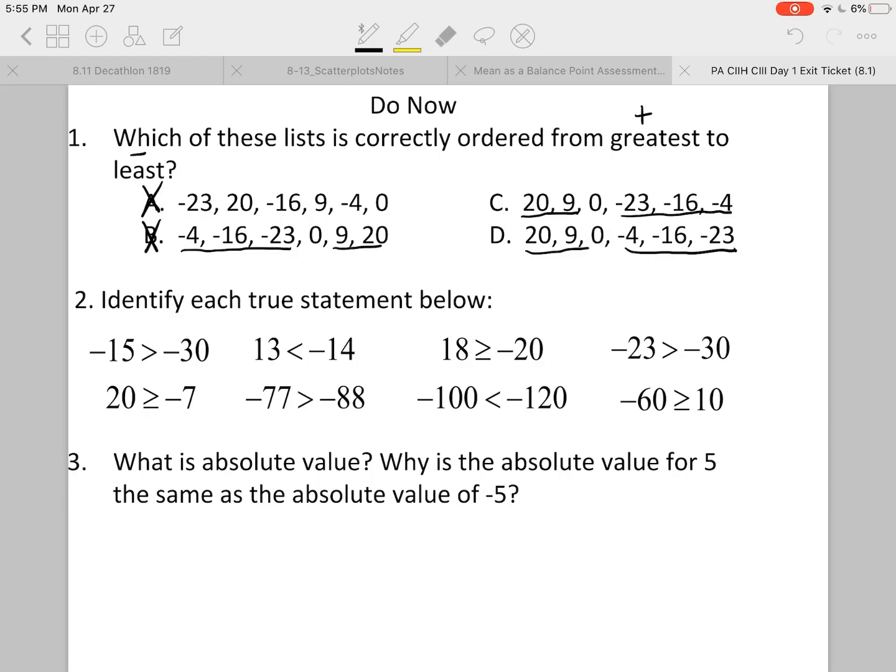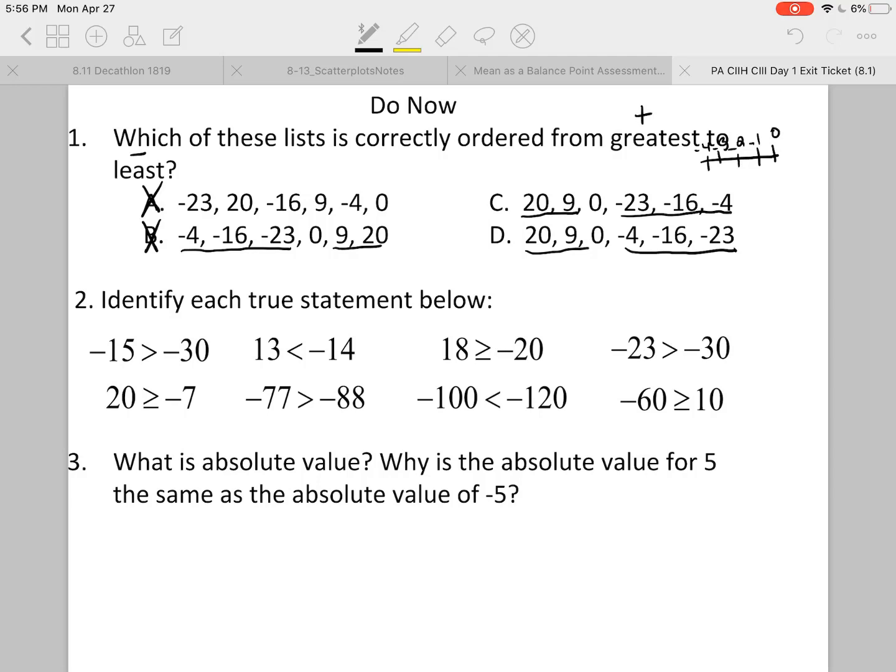So first we need to make sure that our positive numbers are going from greatest to least. 9 is less than 20, so both are correct. Next, we need to look at the negative numbers. Remember that on a number line, when we start at 0, it goes -1, -2, -3, -4. So a number like -1 is actually greater than a number like -4.